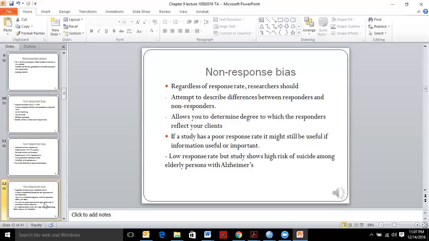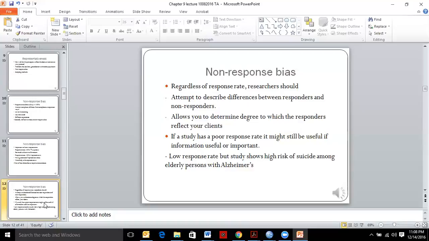And also, regardless of response rates, researchers should attempt to describe differences between responders and non-responders. Because that would give the reader or the audience an idea about the sample in general, or the population in general, and what are other things that the researcher didn't look at in that sample.